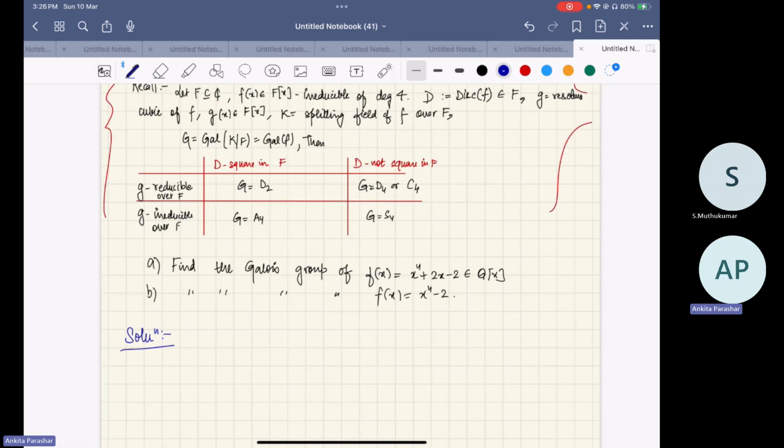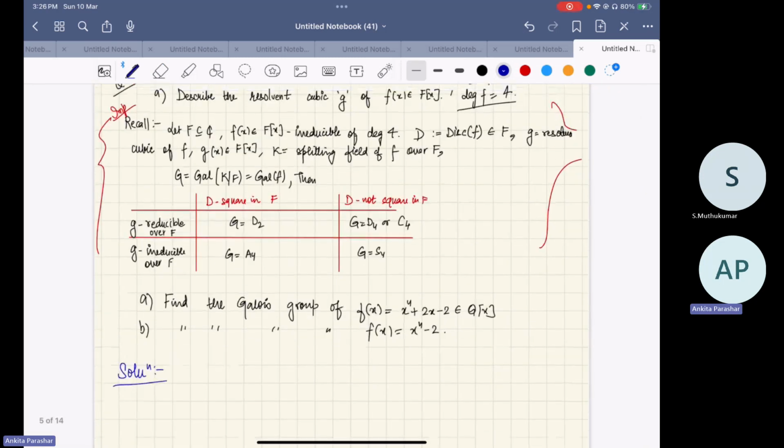And we are not restricting ourselves to roots in F, they can be anywhere. We have taken degree 4, so we can take alpha 1, alpha 2, alpha 3, alpha 4. Let alpha 1, alpha 2 lie in some splitting field of f.